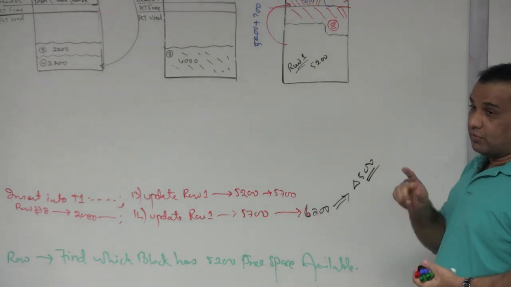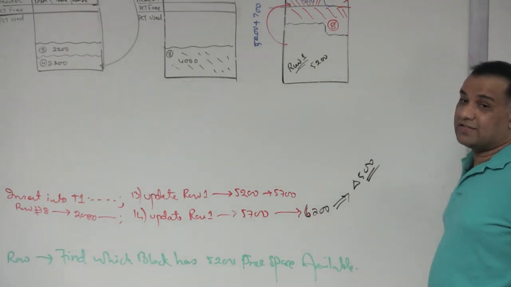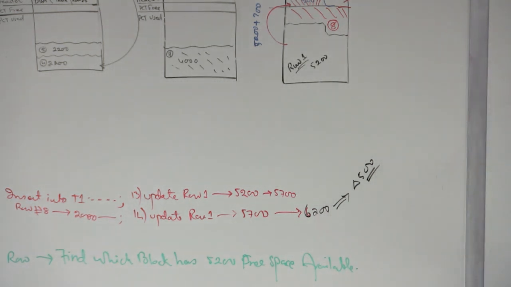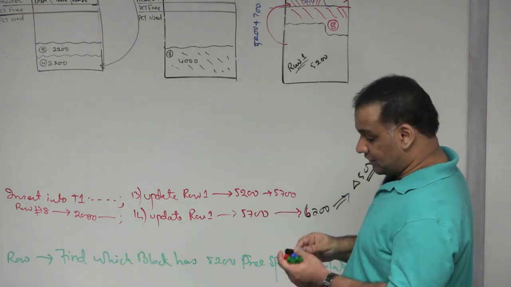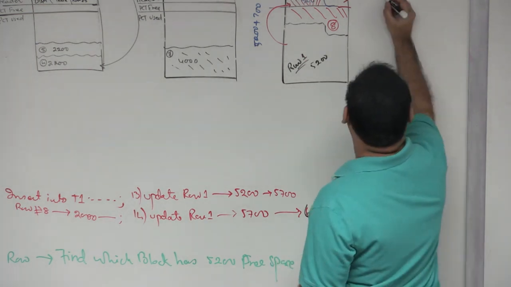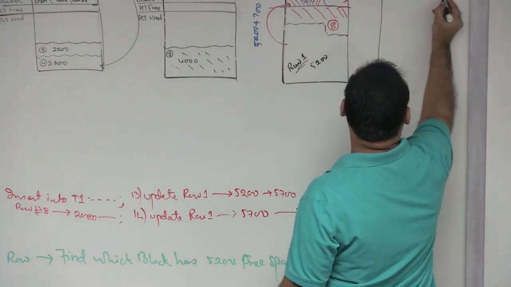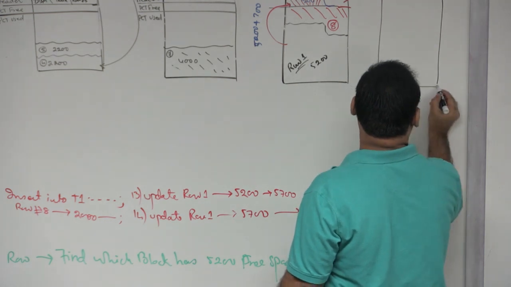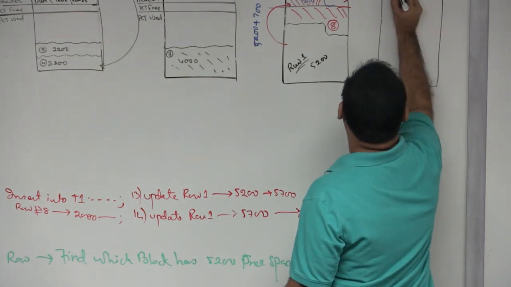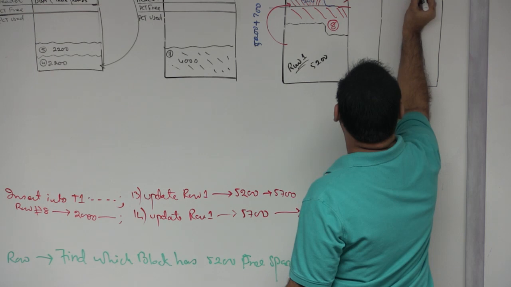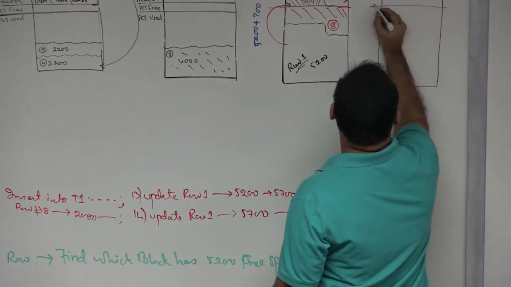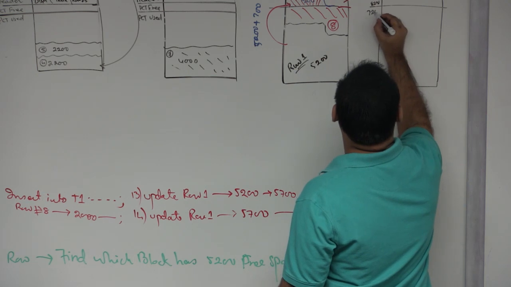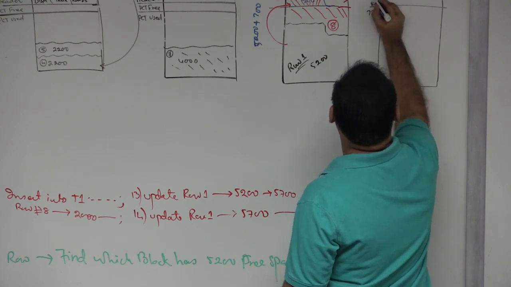So what that means is the row has already been migrated once. Does that mean the row has to migrate again now? Yes, because otherwise I don't have enough space. So here it will say, okay, the next available block that I have is block E. This is 800 bytes, this is 7200 bytes, this is the header.